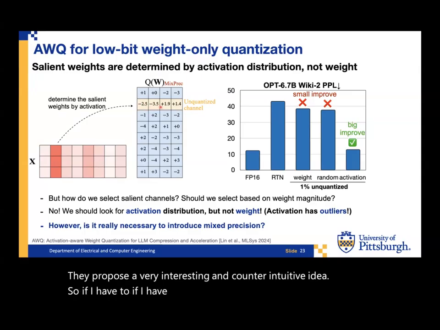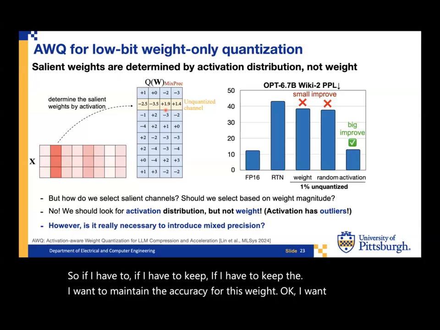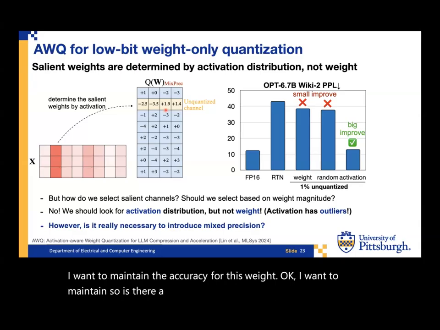I want to maintain the accuracy for this weight. So is there a way that I'm using integer without sacrificing too much accuracy?